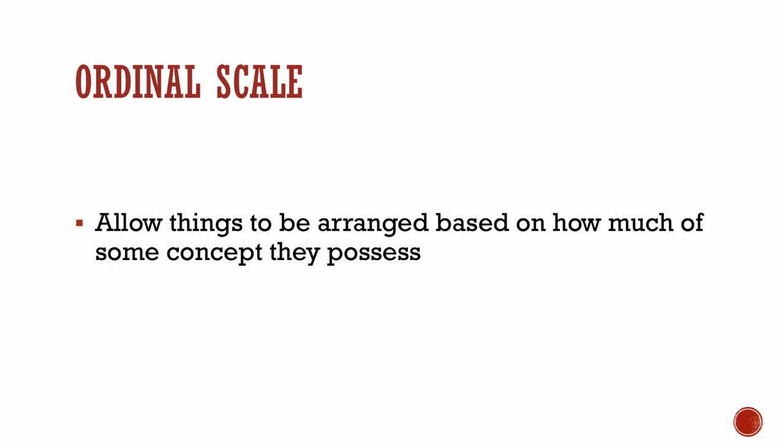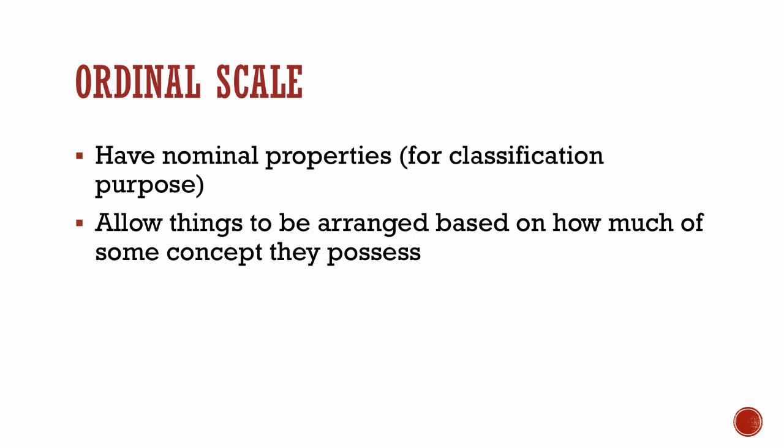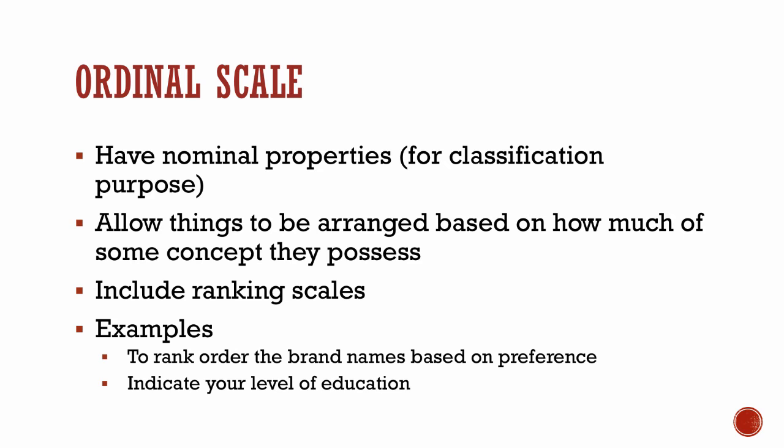Ordinal scales arrange objects based on relative magnitude of a concept. Thus, ordinal scales represent rankings. Here are the examples: to rank order the brand names based on preference, or to indicate your level of education.